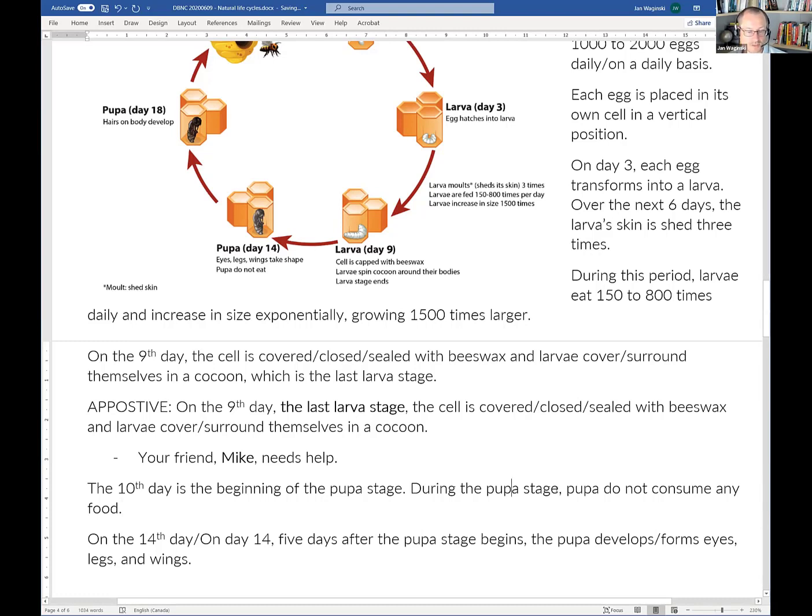Now, we've got this kind of baby sentence here. The 10th day is the beginning of the pupa stage. During the pupa stage, pupa do not consume any food. What could we replace these three words with? We're going to make this whole thing into one sentence. During which. That's it.